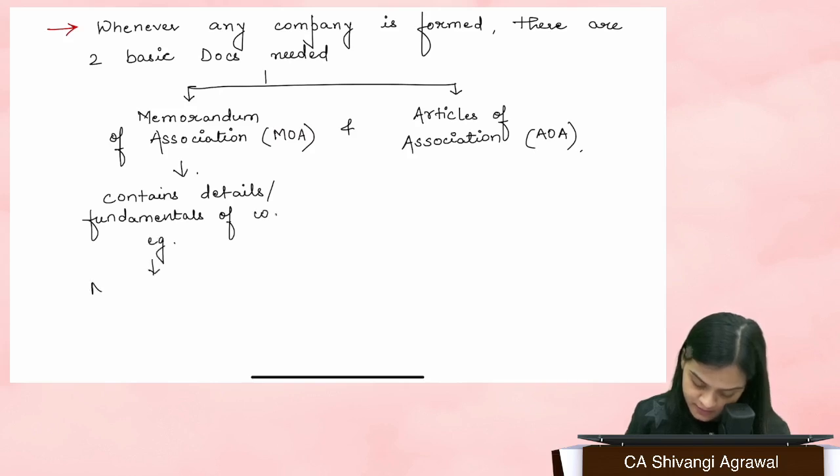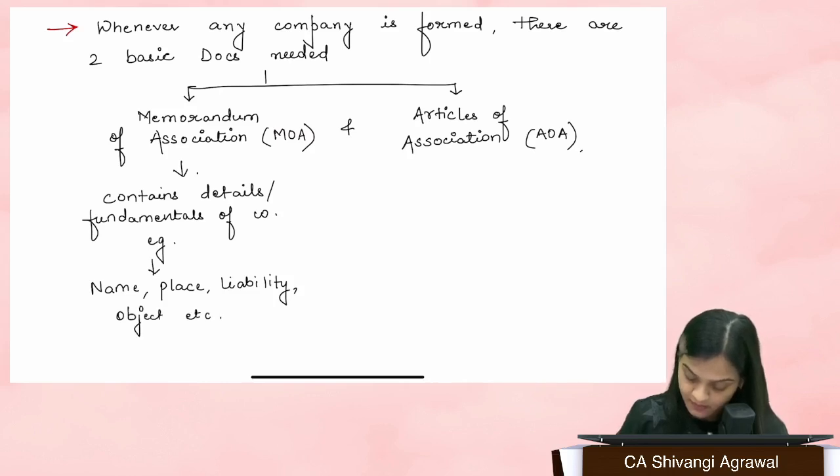Example: name, place, liability, object, etc. Articles of Association contains internal rules of the company. That is, or you can write example.